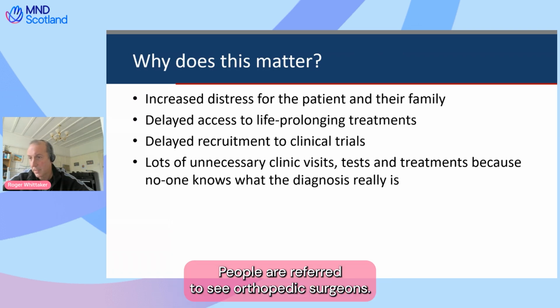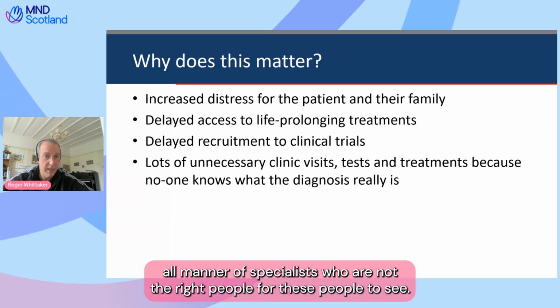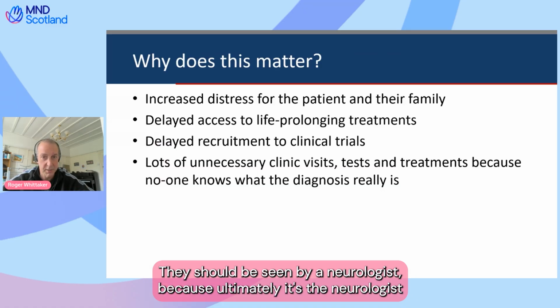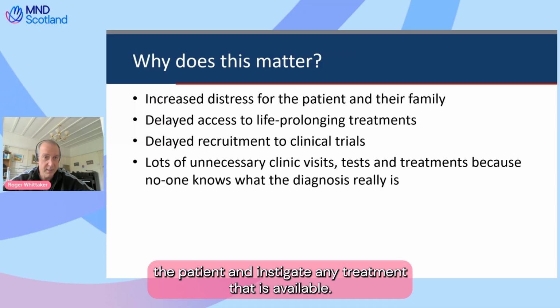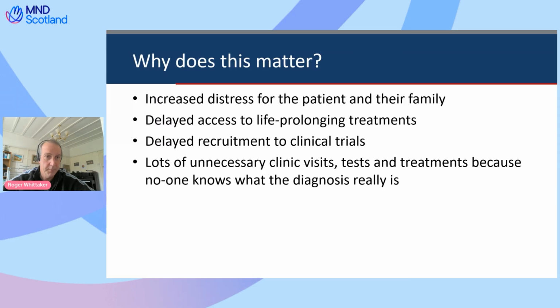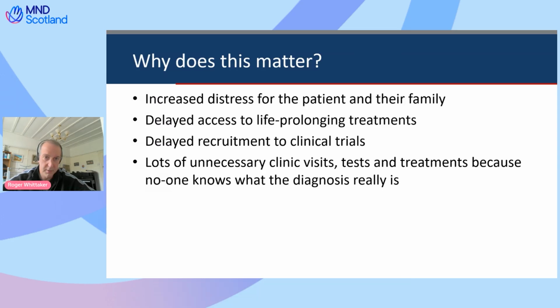People are referred to see orthopedic surgeons, they are sent to see rheumatologists, elderly care physicians, all manner of specialists who are not the right people for these people to see. They should be seen by a neurologist, because ultimately it's the neurologist who will make the diagnosis, follow up the patient, and instigate any treatment that is available. So seeing these other specialists just is a wasted clinic visit.